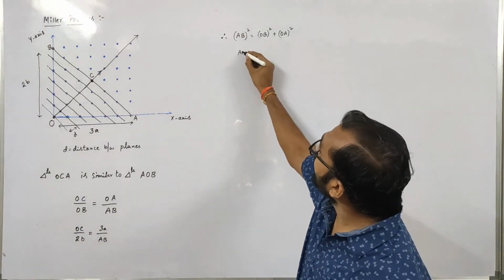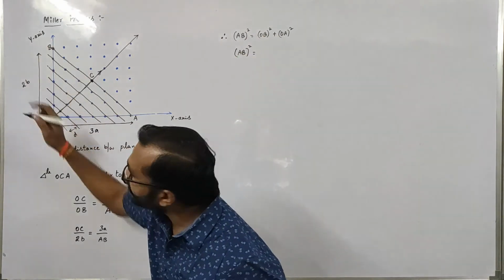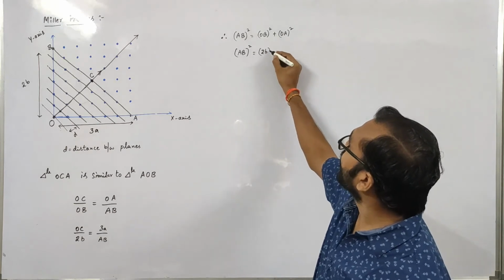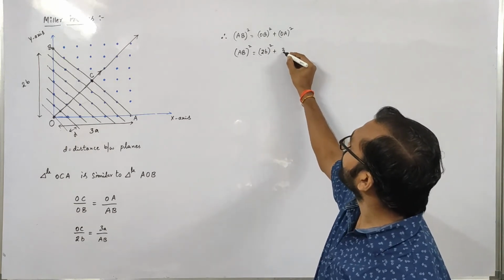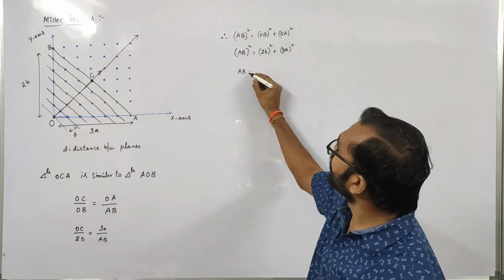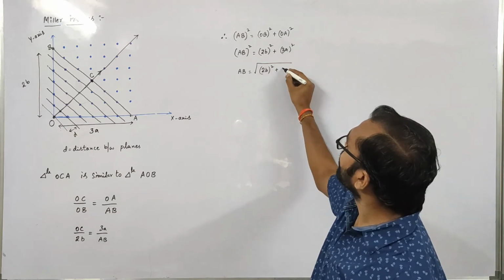So AB square is equal to 2B square plus 3A square. So what is the AB value? Under root 2B square plus 3A square.